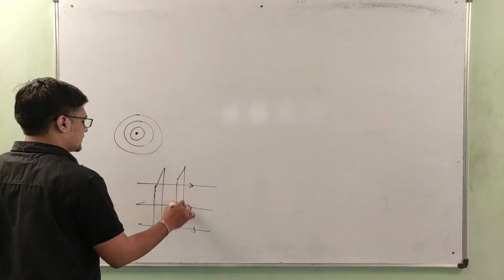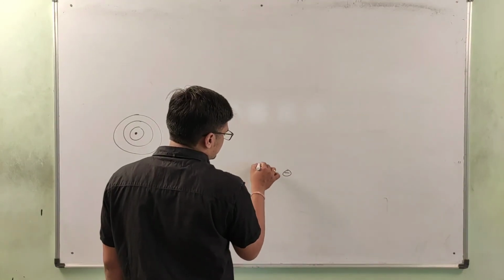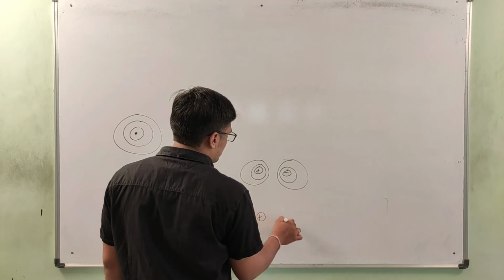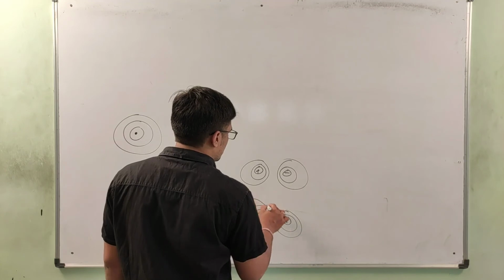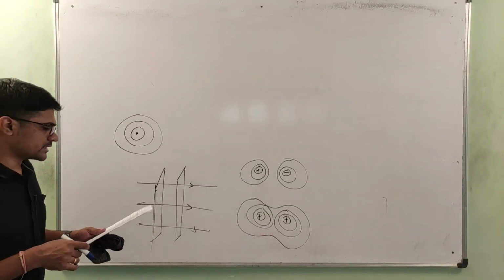These planes are equipotential surfaces. For a dipole, the equipotential surfaces are like this, and for a pair of two equal charges, the equipotential surfaces are like this. So you should remember these figures for your exam.